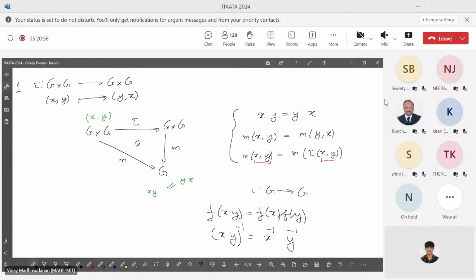The functions involved in the definition are not themselves group homomorphisms. They are just functions. But if you now take the collection of all groups, or specifically the category of all groups, and say that all these functions should be not just functions but group homomorphisms, then you will actually get an abelian group.